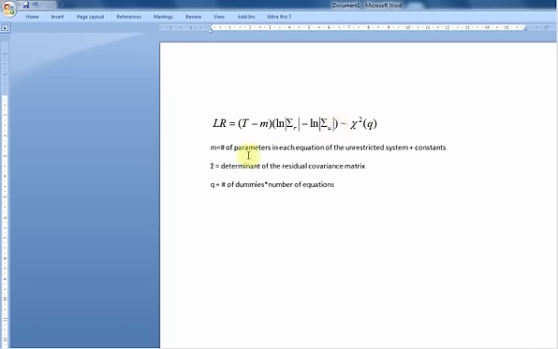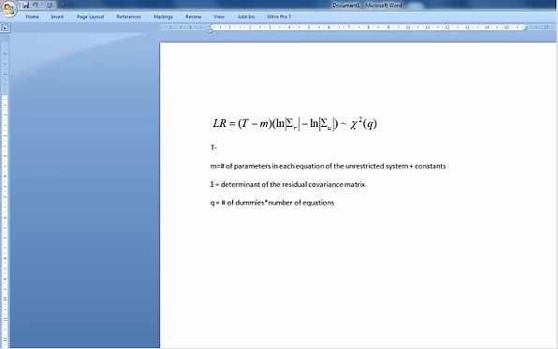Now T here is the number of observations. In our case it was 191, so I forgot to put it here. M is the number of parameters in each equation.